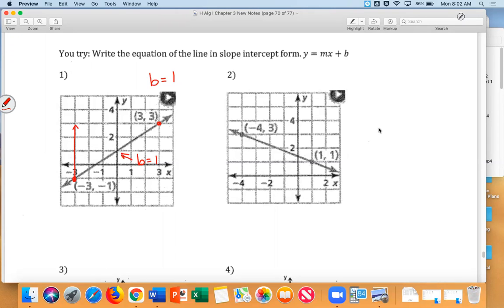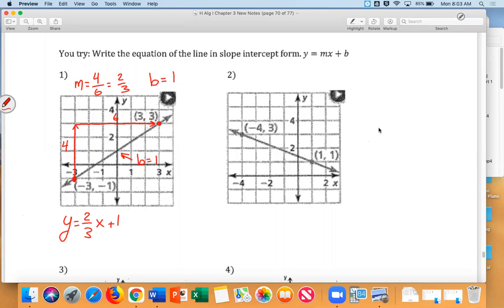Count again. 4. I know sometimes it's hard to see, so I like to count twice. Now how many blocks to the right? 6. So my slope is 4/6, which is 2/3. So the equation of my line is y equals 2/3 x plus 1.